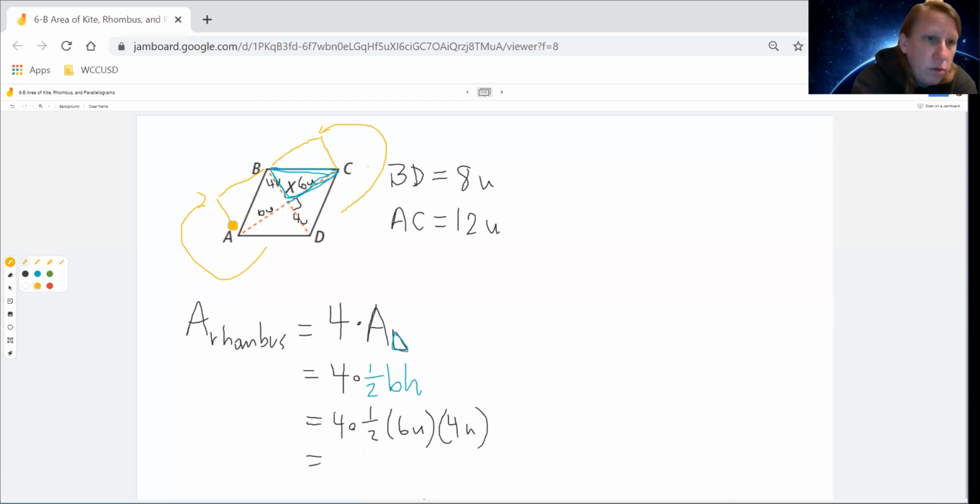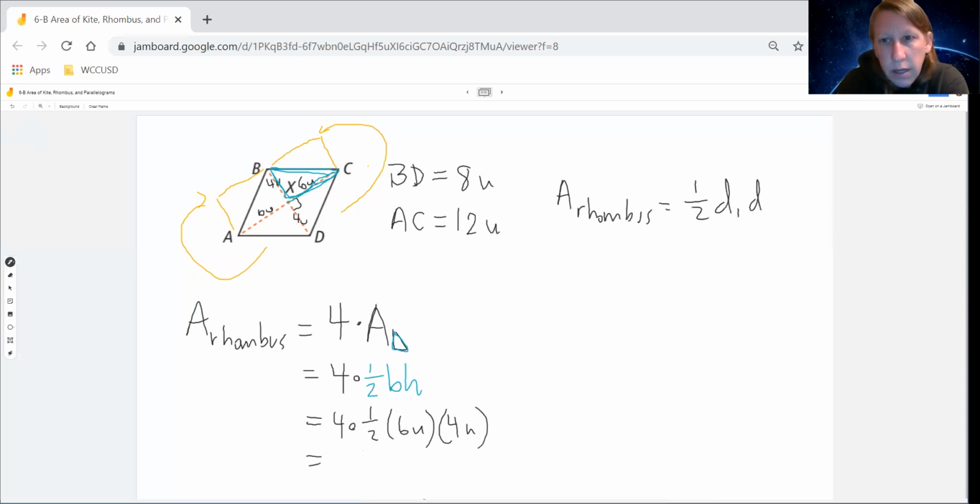I'm going to use the formula. Well, it's the same as the kite formula. The area of a rhombus is also half diagonal 1 times diagonal 2. I like the diagonal formulas.